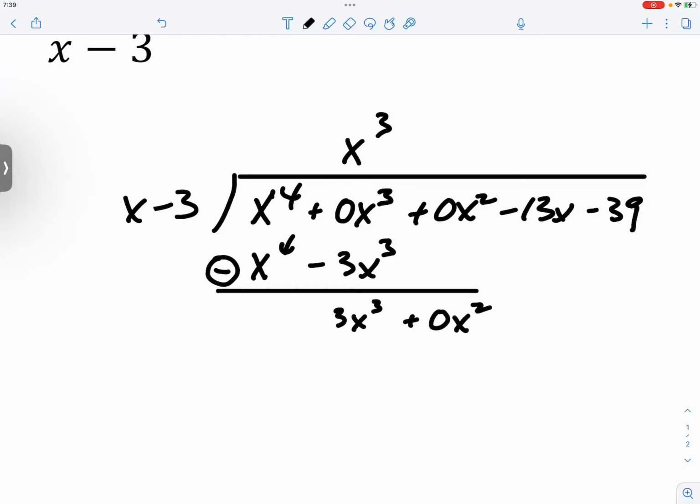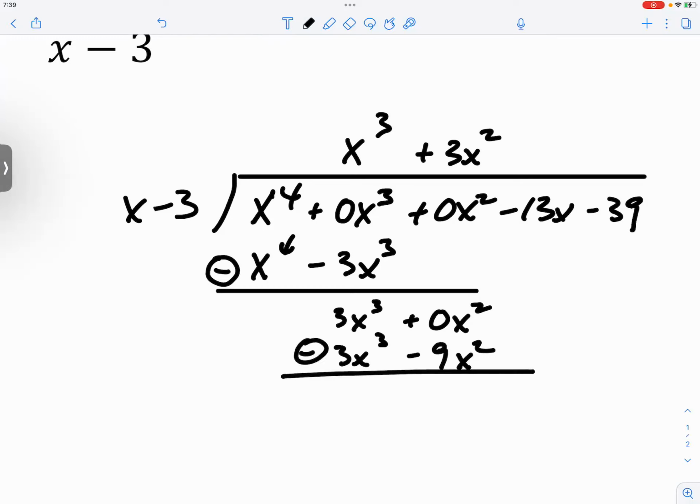And then we bring down the second term right here. So we have plus 3x squared. So we have 3x cubed minus 9x squared. Okay. So what do we bring down next? What would it be over here in the highlighted area here?